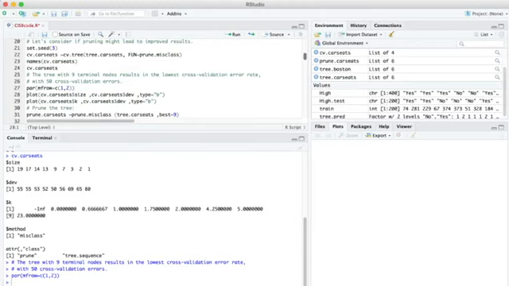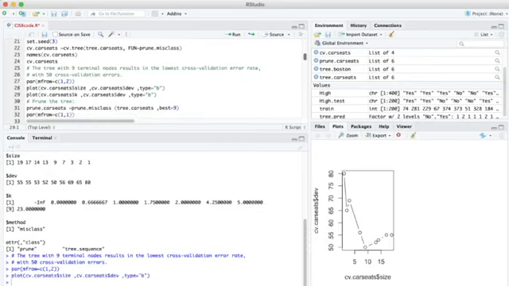Next, I'm going to show you the cross-validation results. First, I'll run this line to change the graphical parameters to contain a 1 times 2 layout. I'm going to plot cv.carseats for the size. This is between the size of the tree and the cross-validation error.